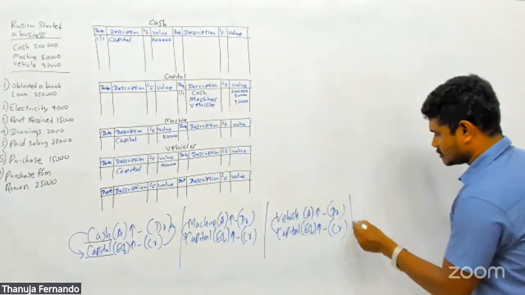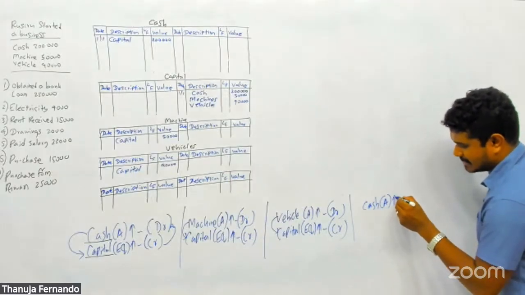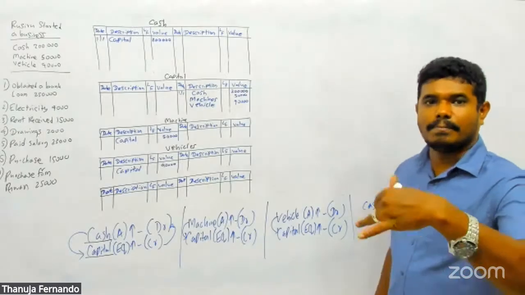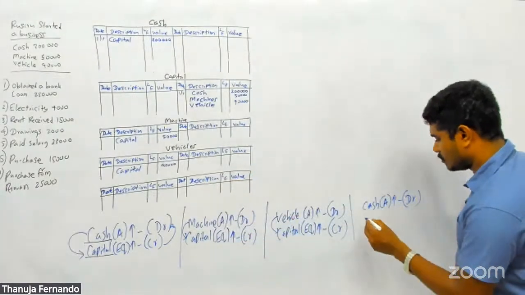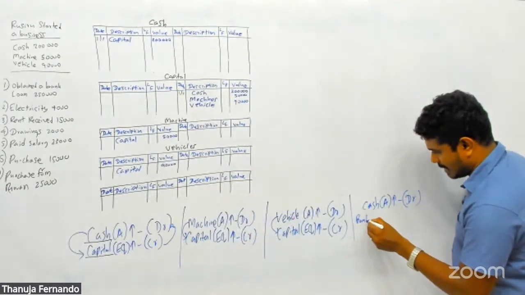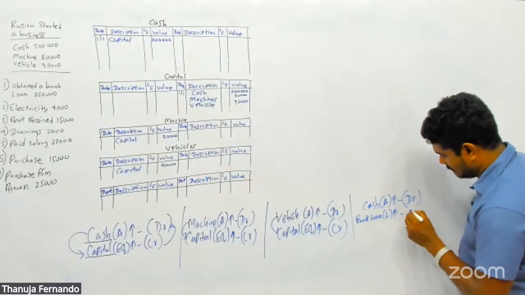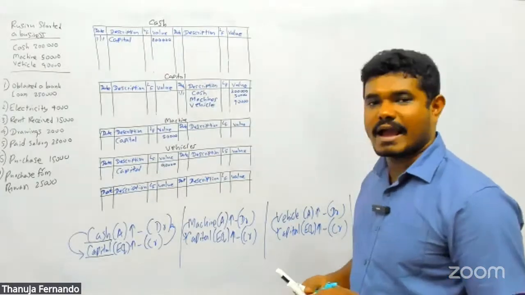Cash in the business increasing. Cash is an asset. Cash asset increasing, debit. On the other hand, a bank loan liability, a liability increase called bank loan. Liability increasing, credit. So we need two accounts, one for cash, one for bank loan.